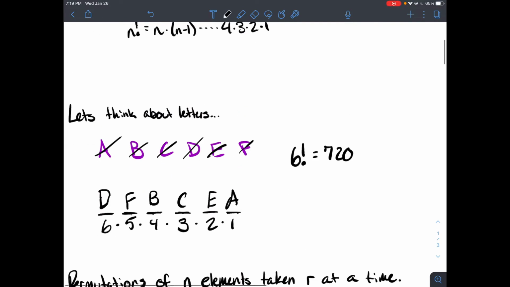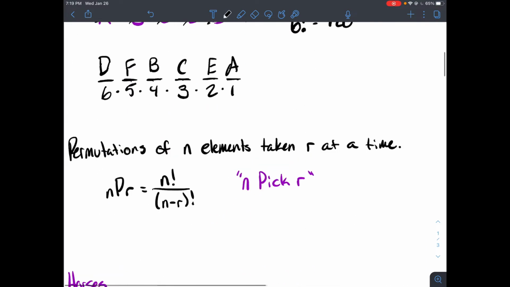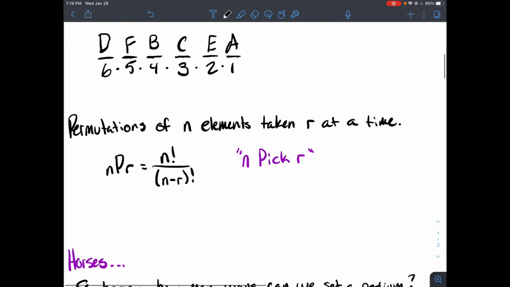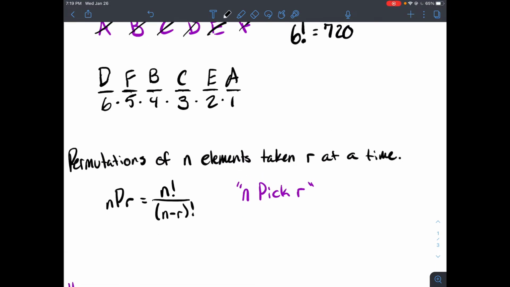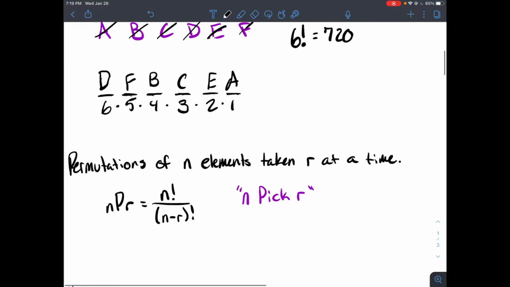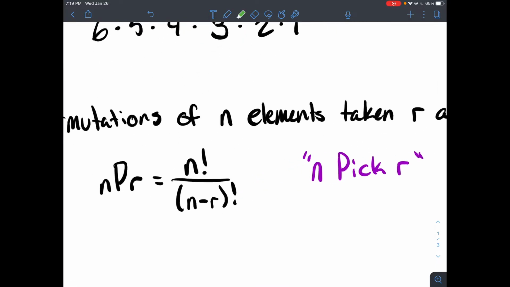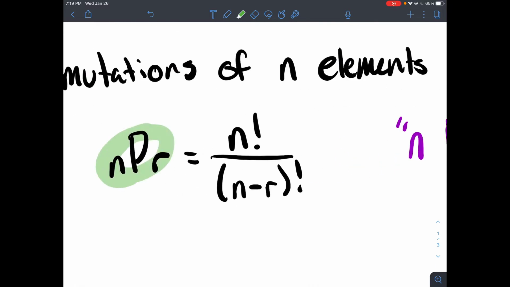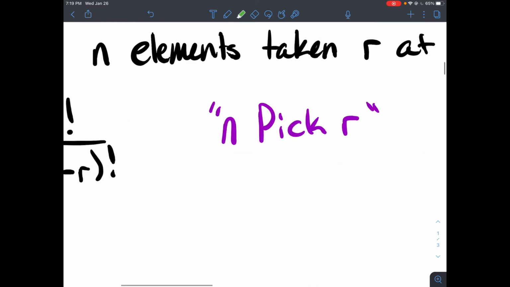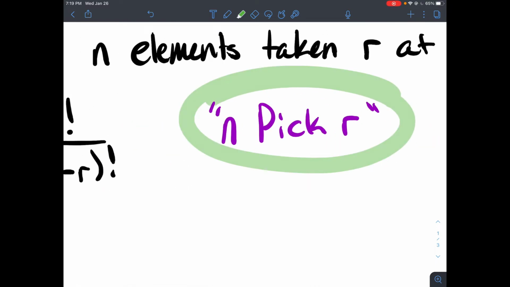Now, the permutations of n elements taken r at a time is going to be given by the following. It's kind of going to look like something we've been looking at the past few days with this nPr, or n P r, as we are going to say.